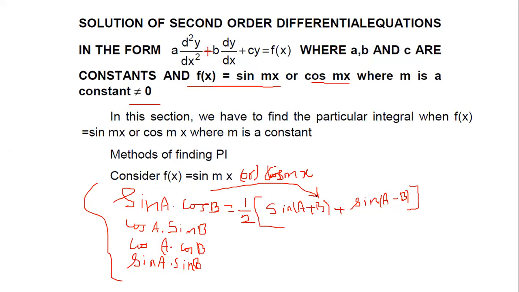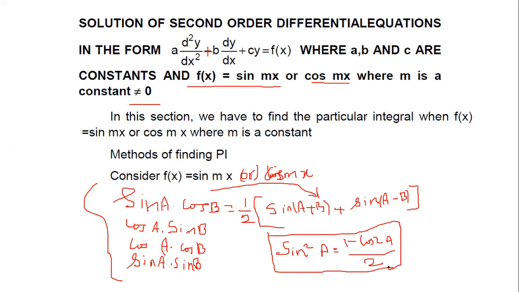Similarly, powers formula, for example, sin square A. Sin square A is 1 minus cos 2A by 2. Similarly, you should know how to write the half angle formulas.